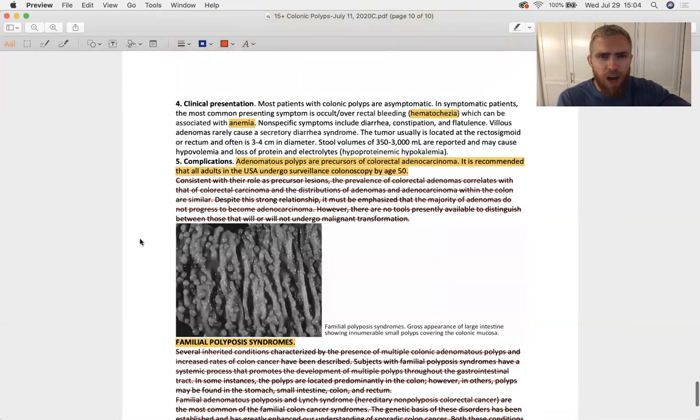Clinical presentation, often hematochezia, that means red stool, which can be associated with anemia. So part of your workup is always going to be complete blood count. If it's an acute setting, you're thinking airway and then fluid replacement first.